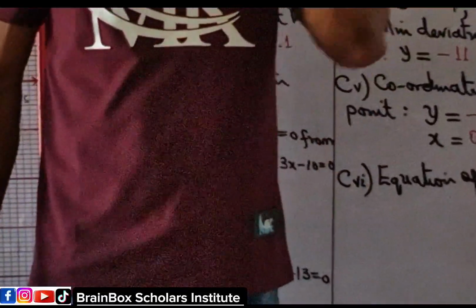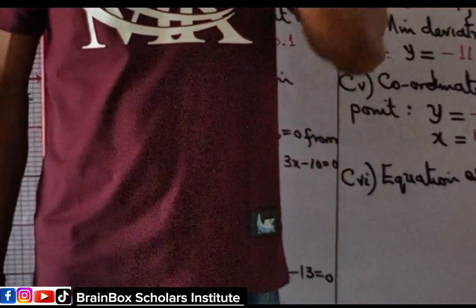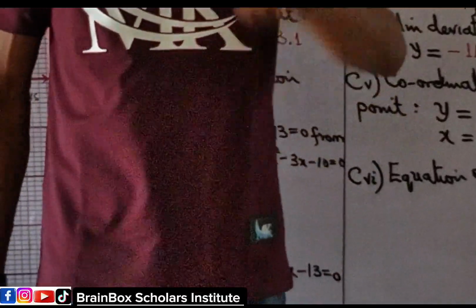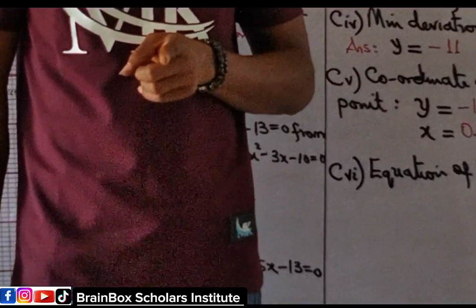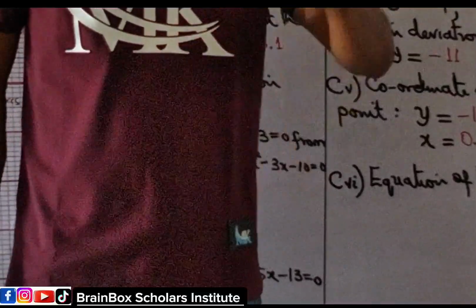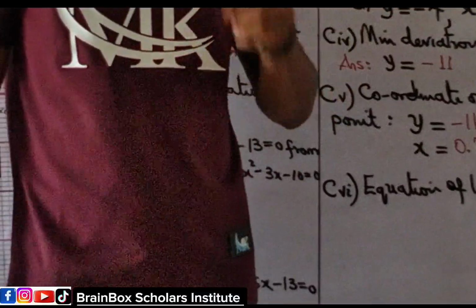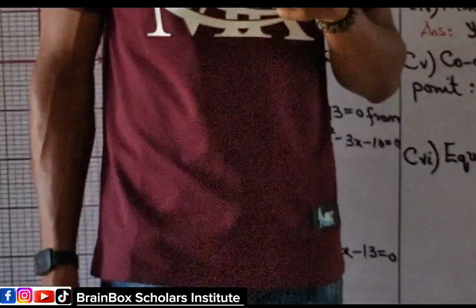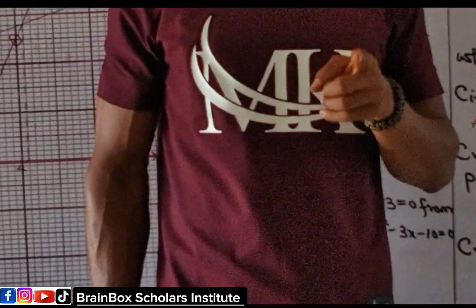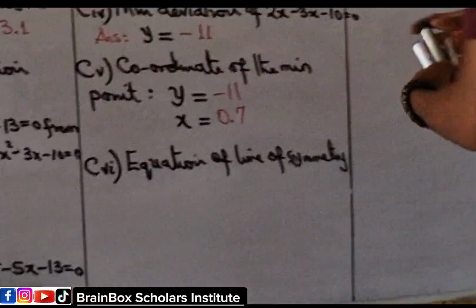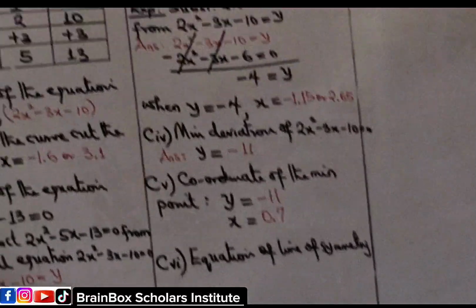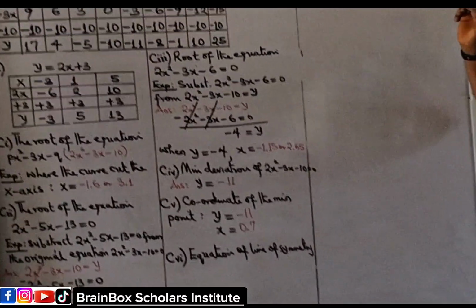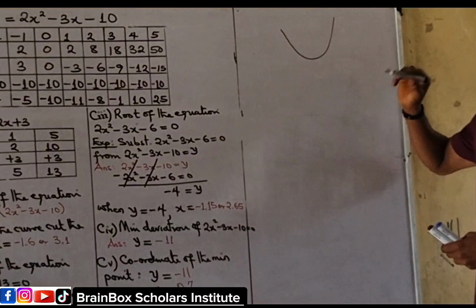is the straight line that passes through the turning point of the curve. A straight line that passes through the turning point of the curve. Are you there? Look at what I mean. Watch. If this is the curve, are you there?